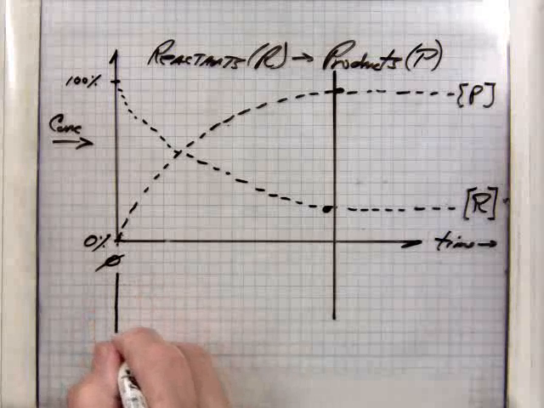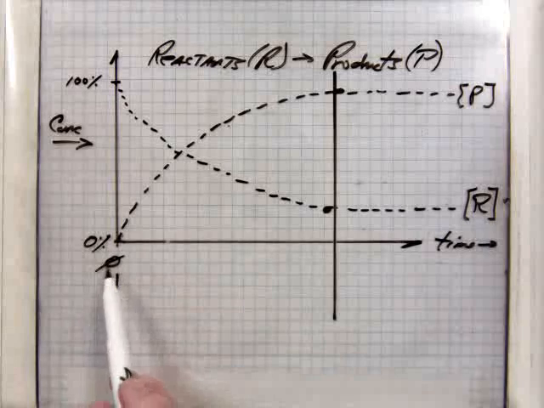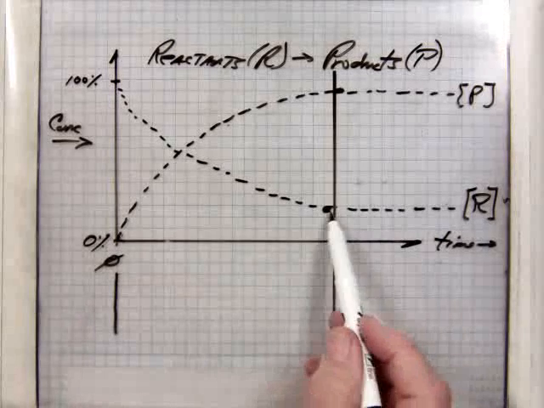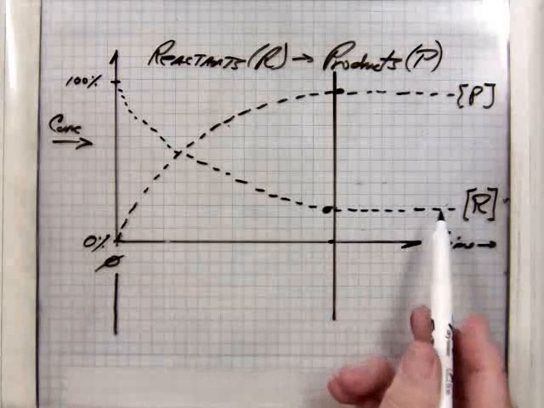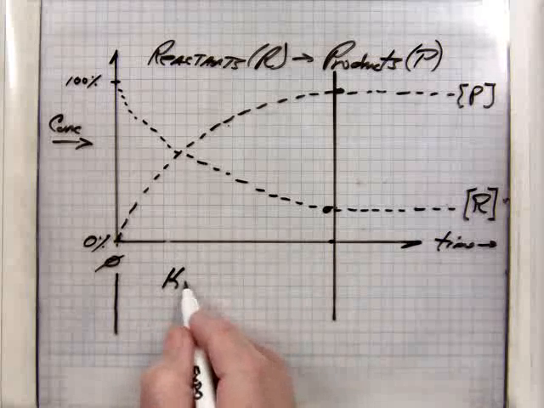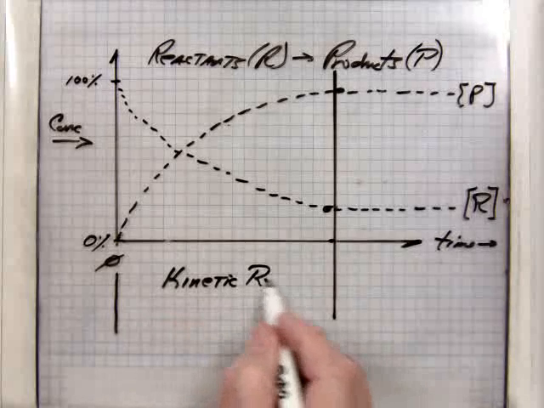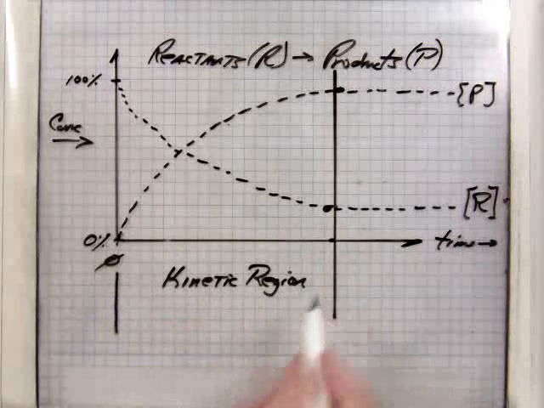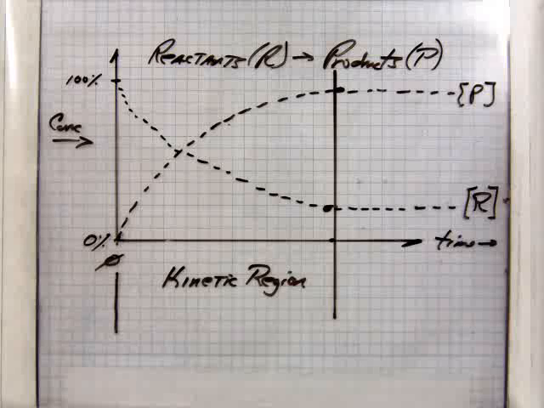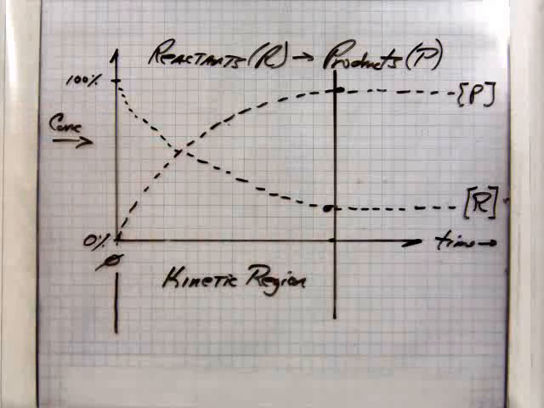In the space between 0 and the point at which the slopes go to 0, this is called the kinetic region, and the principles of chemical kinetics are applied to the behavior of reactions in this particular region.